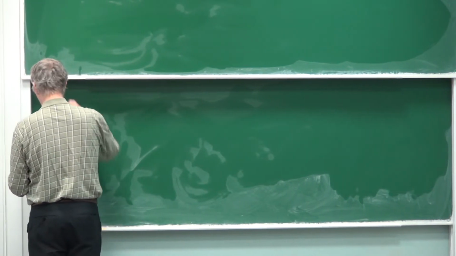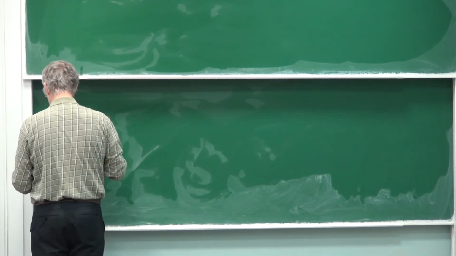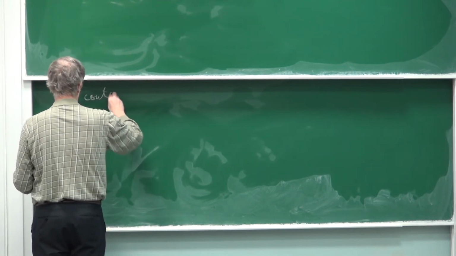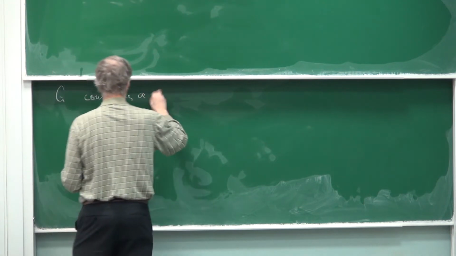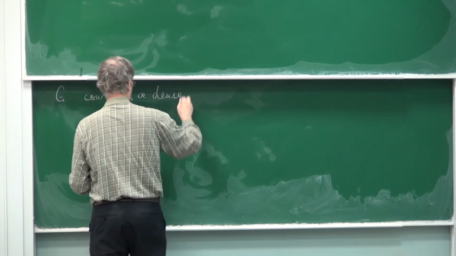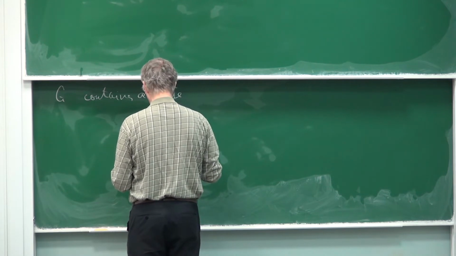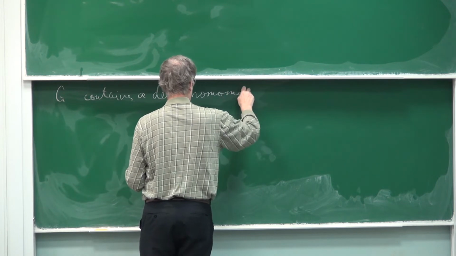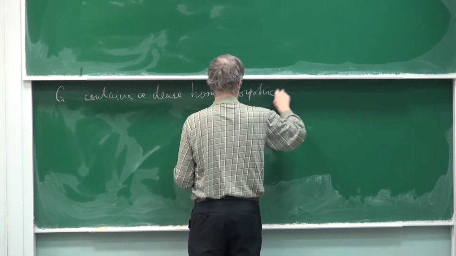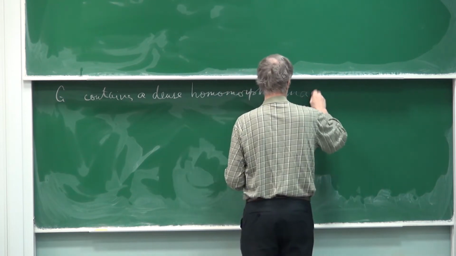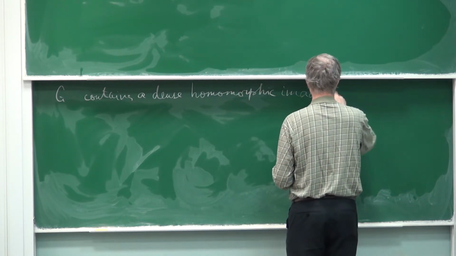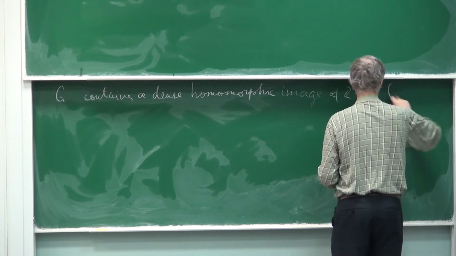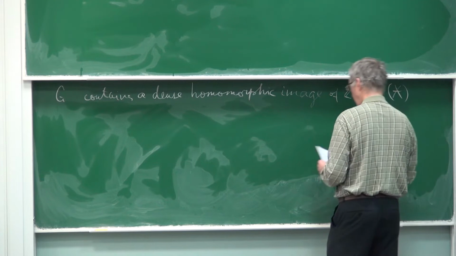Again, let G be a locally compact abelian group, and suppose that G contains a dense homomorphic image of the group of integers. So let's call this condition star.